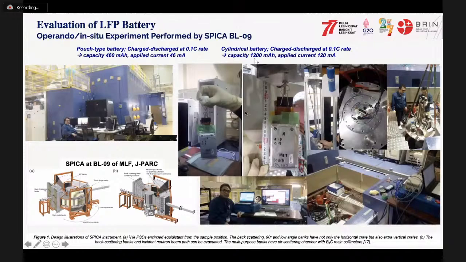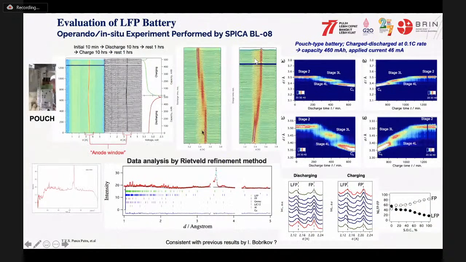And this is the work which I did at J-PARC in Japan for the in situ measurement using our battery. We make this battery in our lab. This is the pouch battery, and this is the cylindrical battery. And this is the result.